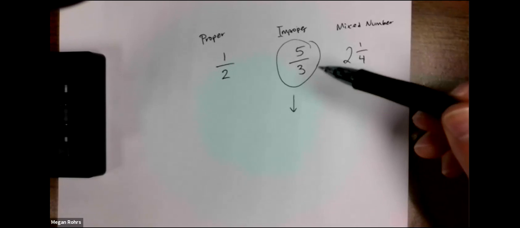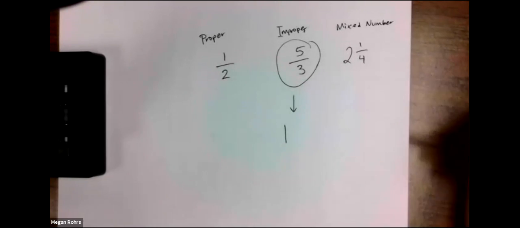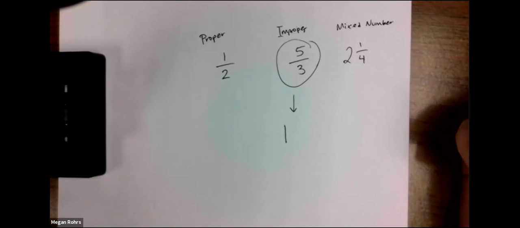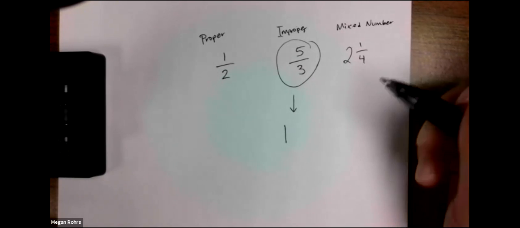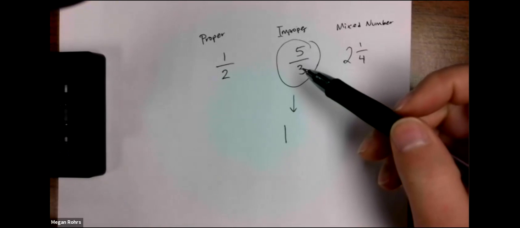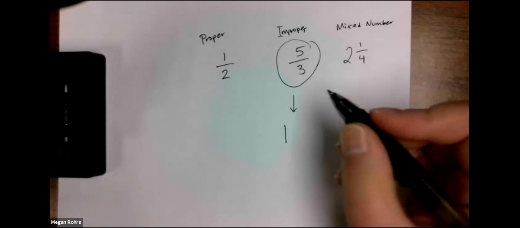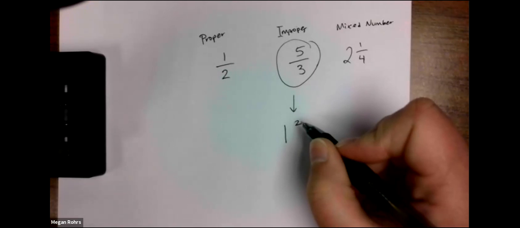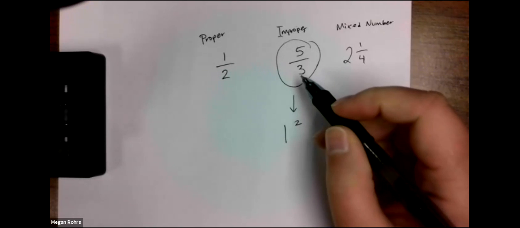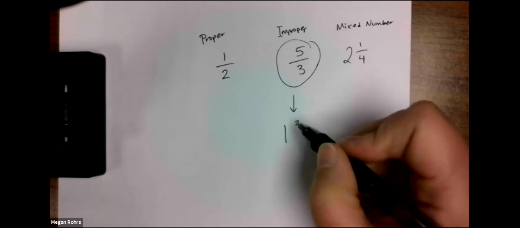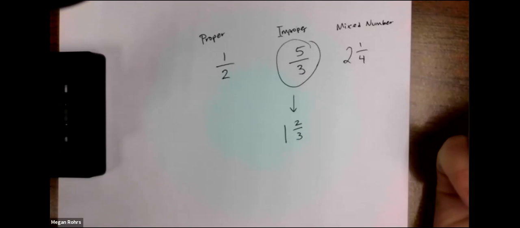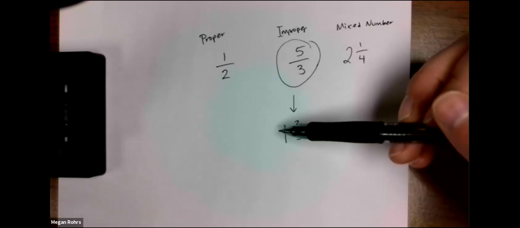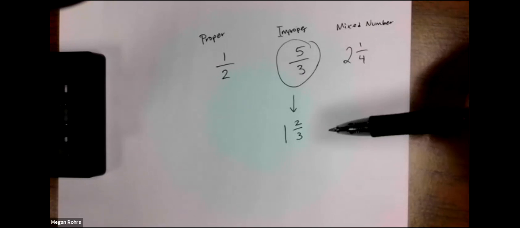Well, we know that 3 will go into 5 one time evenly, but we're going to have 2 left over because 5 minus 3 would be 2. So there's a remainder of 2. That's what we'll use in our numerator. And then we just keep the same denominator, so we'll just keep that as 3. So 5/3 is the same thing as 1 and 2/3.